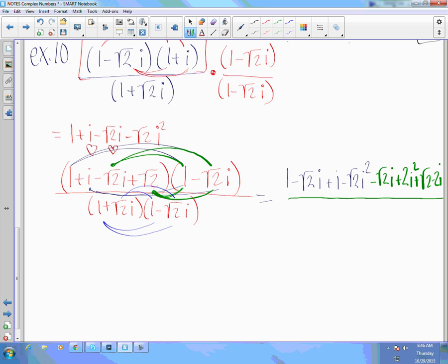You should see the middle terms cancel out. If you don't, then you probably need to check your work. That's how the conjugate is designed. Middle terms will cancel out every time.